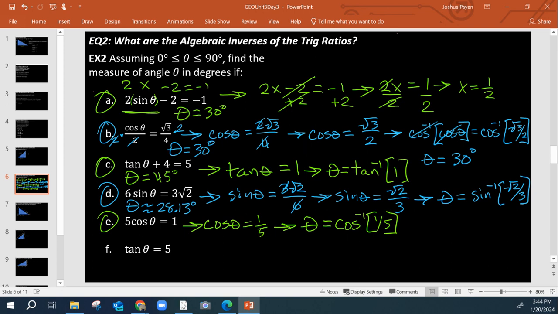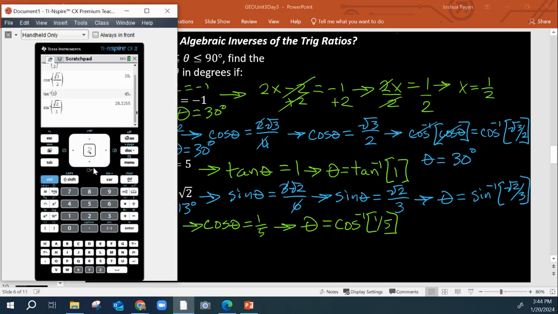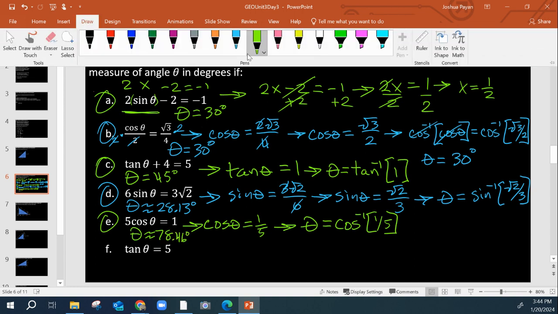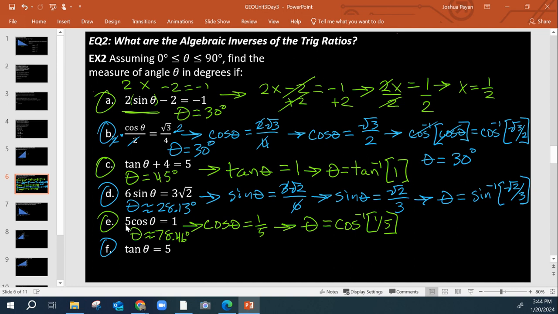Again, that is not a special trig ratio, so we have to use the calculator again. So we're going to say arc cosine of 1 over 5. And there it is, 78.46 degrees. So theta is approximately 78.46 degrees. And last example.